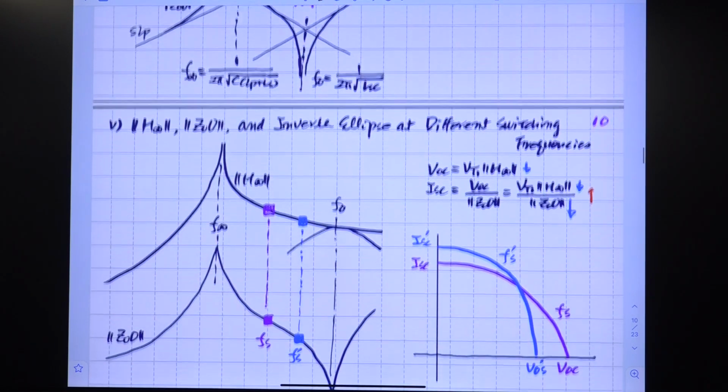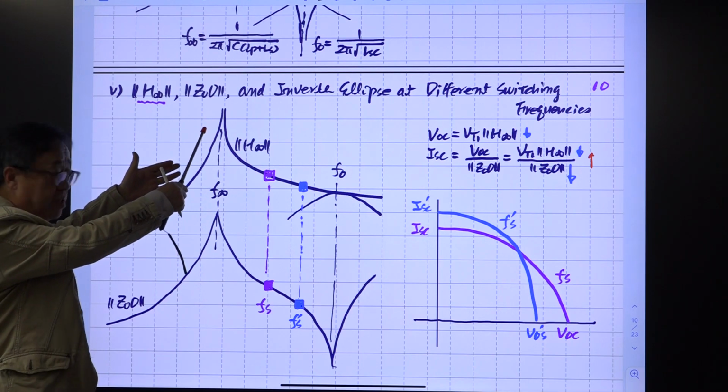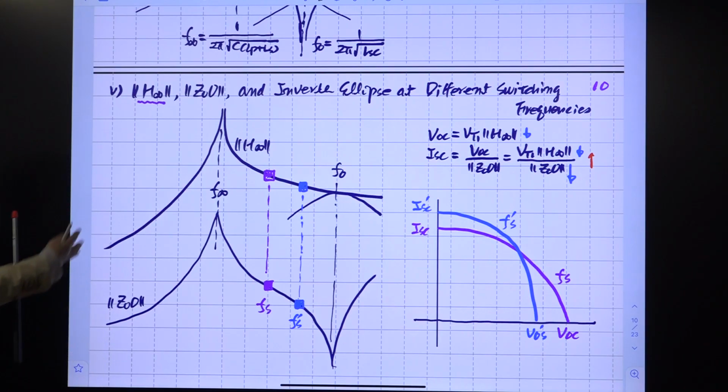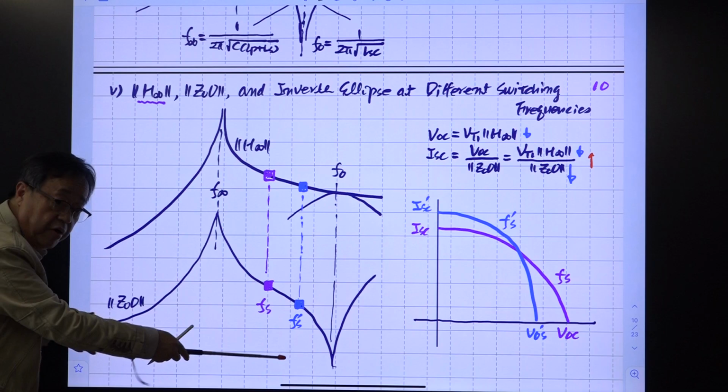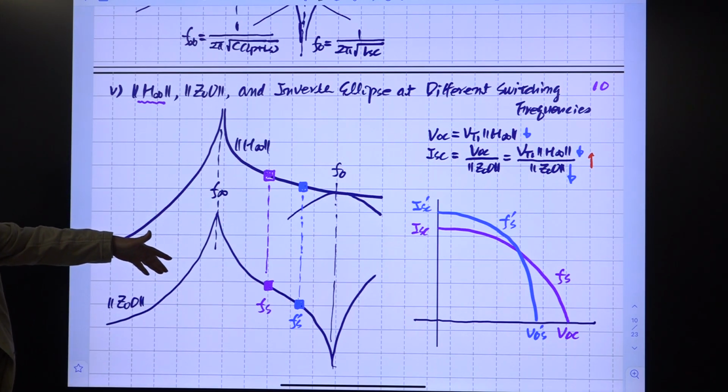Here I plot H infinity, the transfer function gain of this tank circuit with R prime infinity. You change this, and I plot the input-shorted output impedance here. So you are seeing two curves together, all right?